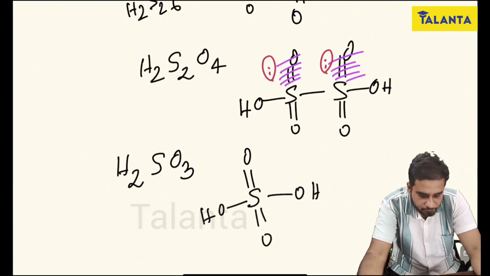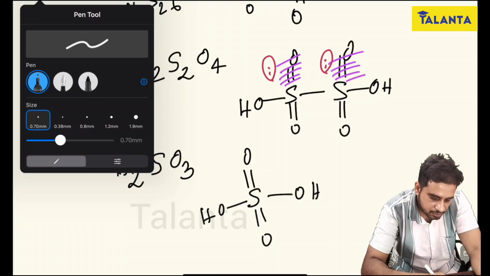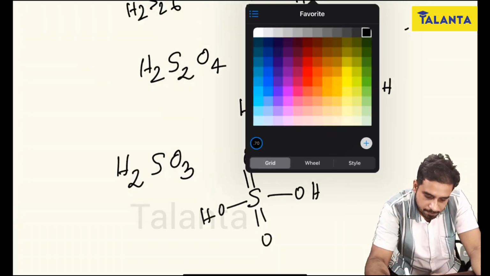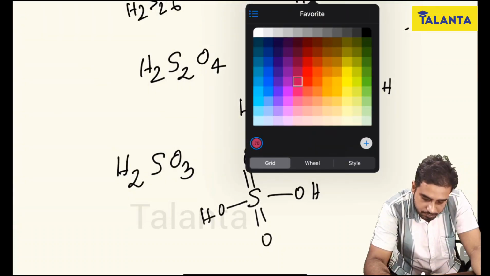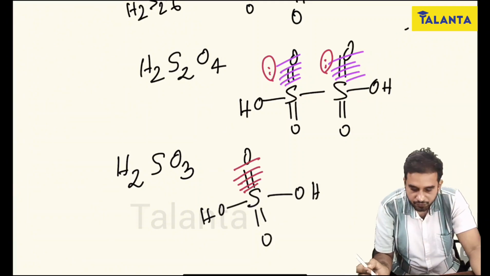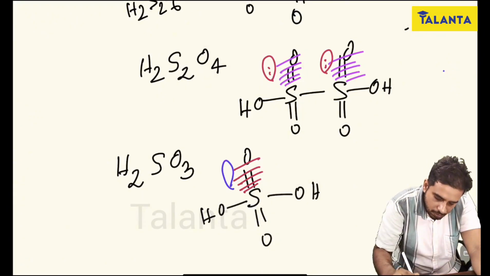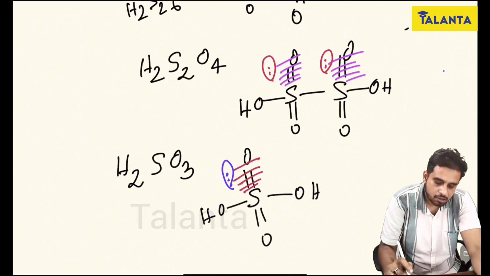From H2SO4, if we remove one O, we will get H2SO3. So the double bonded O will be removed, and in place of that one lone pair will come up.